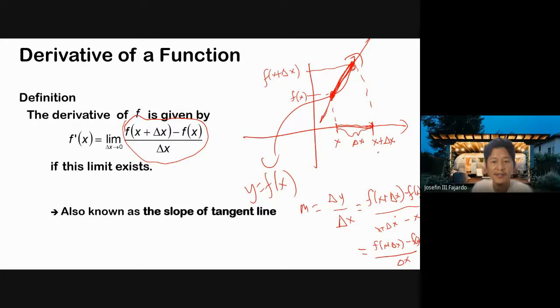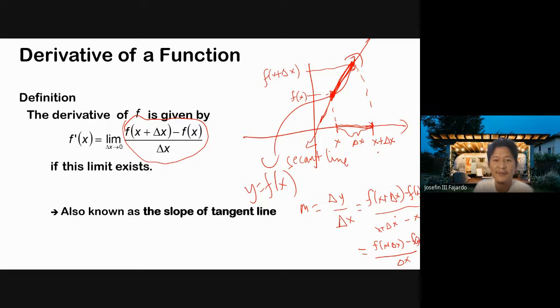Okay, this one is the slope of this line segment, right? So basically, what we are doing here is we are considering the slope of what we call the secant line. This line is what we call the secant line. The secant line is the line that intersects the graph in more than 1 point, that's why it's called a secant line.